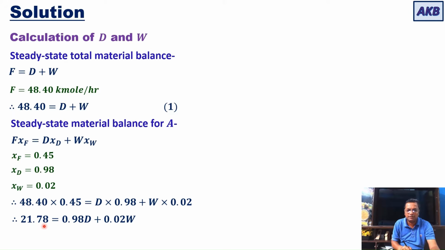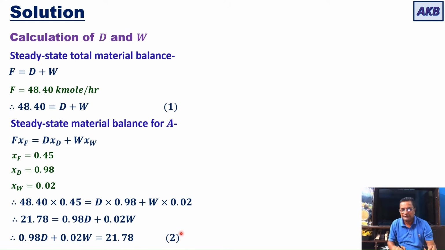So 21.78 is equal to 0.98 D plus 0.02 W. I will write it in a different way: 0.98 D plus 0.02 W is equal to 21.78, and I am calling this equation number 2.